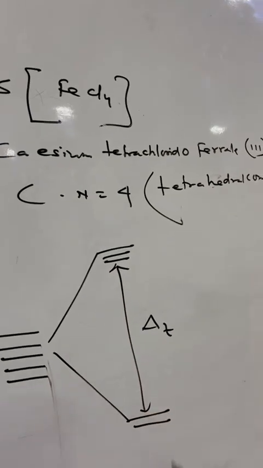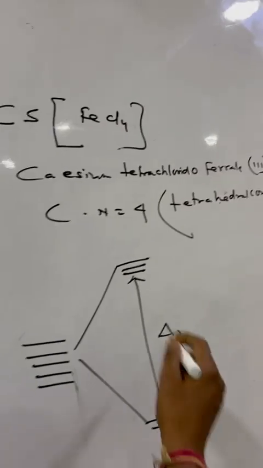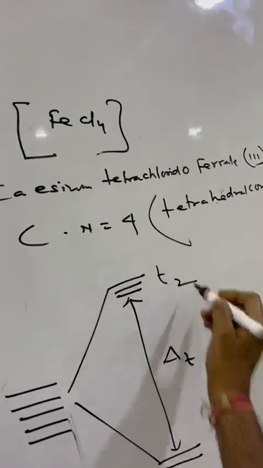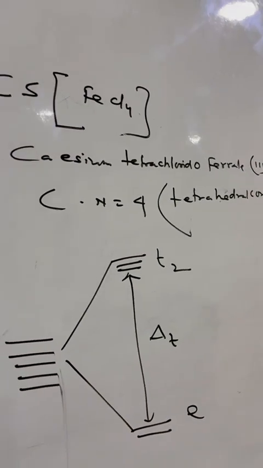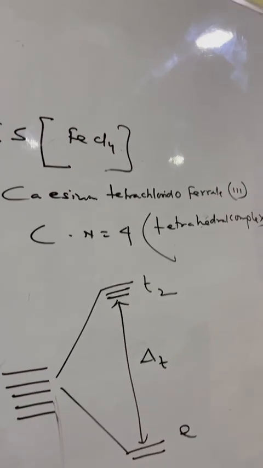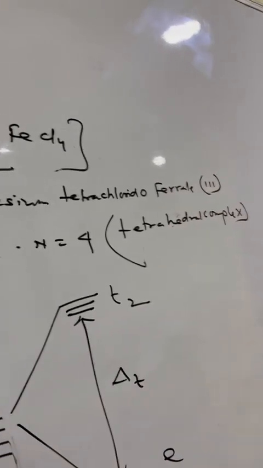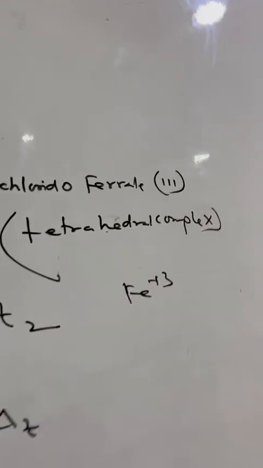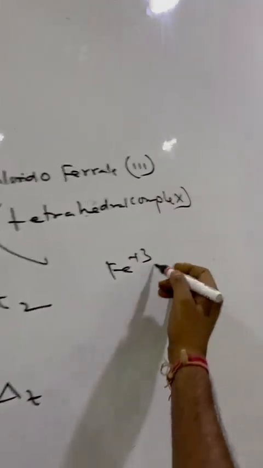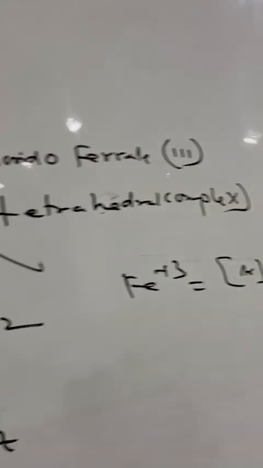Now in case of a tetrahedral complex, in terms of symmetry, it does not have the gerade symmetry, so we write t2, and this one we write as e, because a tetrahedral complex has no symmetry in terms of gerade or ungerade, so that g term will not be there. This iron is in the oxidation state of 3, and its electronic configuration will be this one.